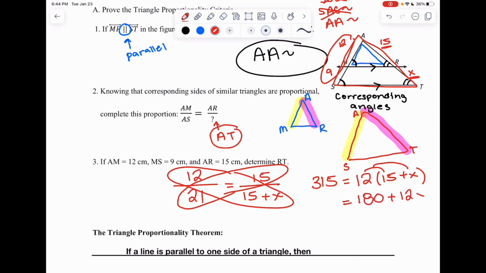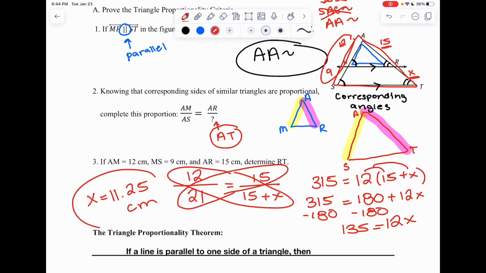And 12 times X is 12X. I'm going to subtract 180 from each side, leaving me with 135 equals 12x. And if I divide by 12, I know that RT is going to be 11.25 centimeters.